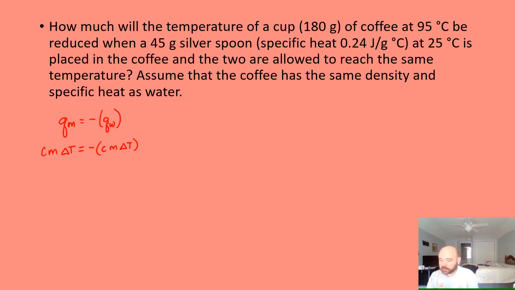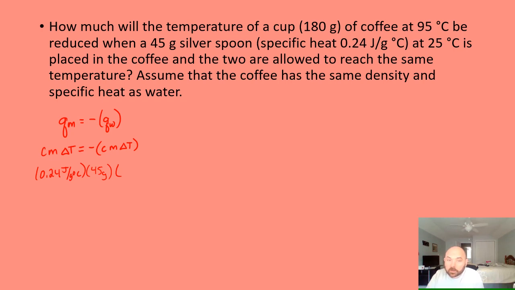So we know that the specific heat of the metal spoon is 0.24 joules per gram degree Celsius, and it has a mass of 45 grams. And the change in temperature would be the final temperature minus the initial temperature.